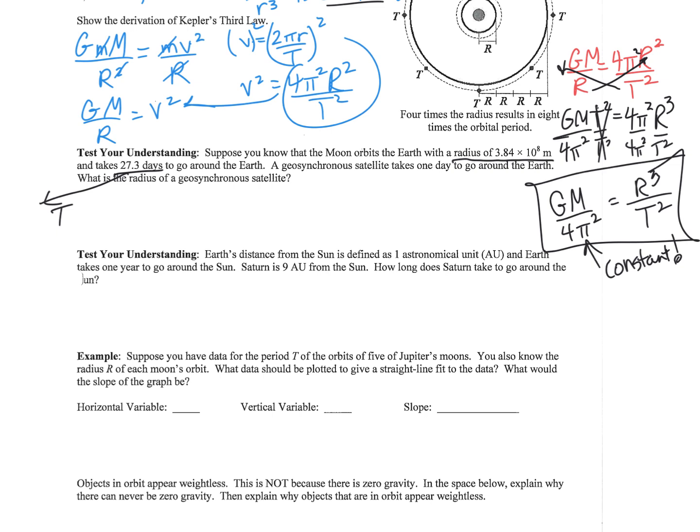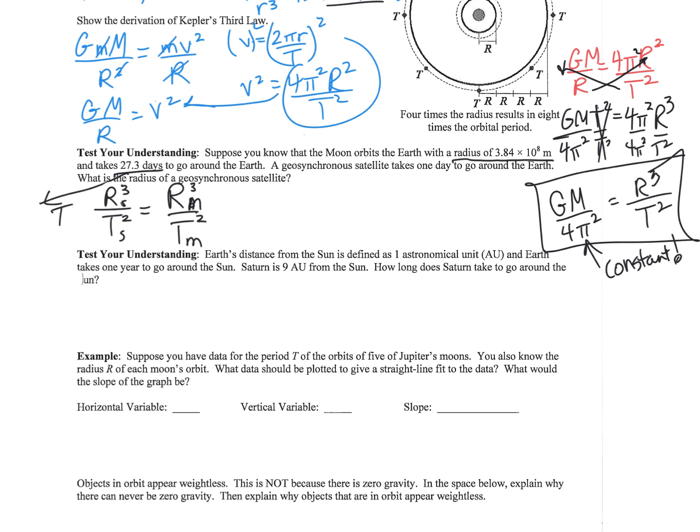So what do we know? We know that the period, Kepler's law, has to be constant, doesn't it? So we know that r cubed over T squared for the satellite has to be equal to the same r cubed over T squared for the moon.